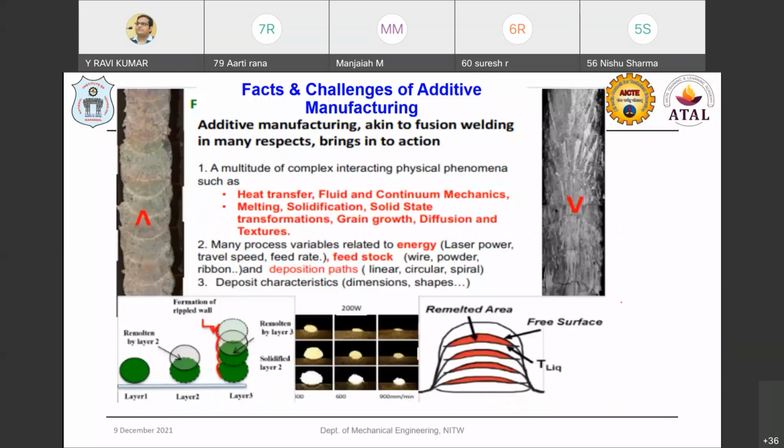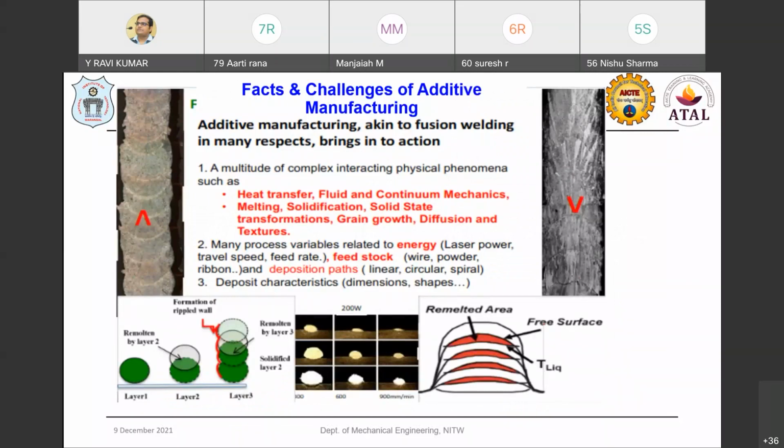And also you can see here the challenges and facts with respect to this metal manufacturing process. On the left-hand side and the right-hand side, convex and concave multiple profiles are there. Why do we have these convex and concave profiles? They are because of variations in the energy density.